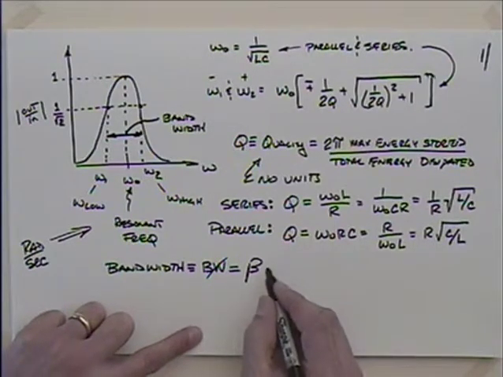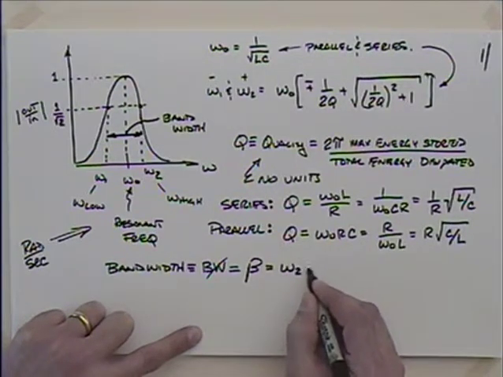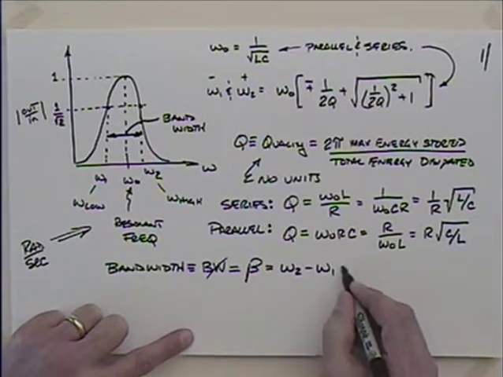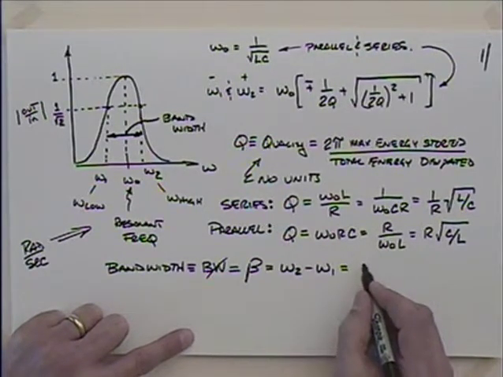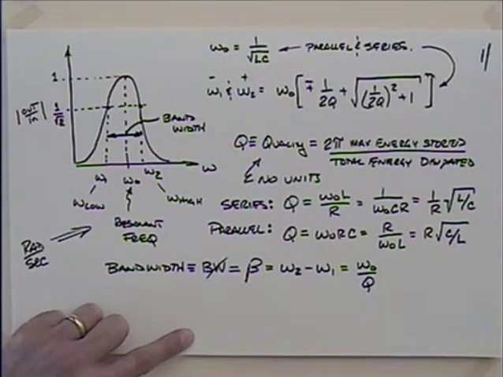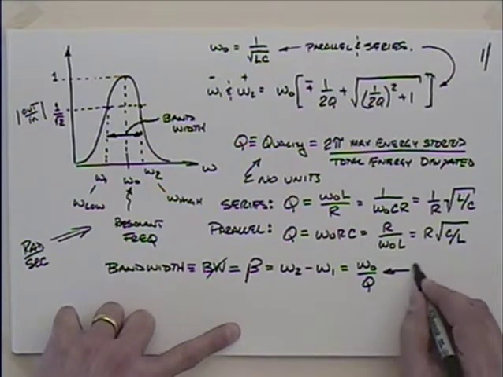So I'll try and use beta for my bandwidth, which would be omega 2 or omega high minus omega 1 or omega low. Okay, which we could also say was equal to omega naught divided by the quality Q. And this is good again for both series and parallel.